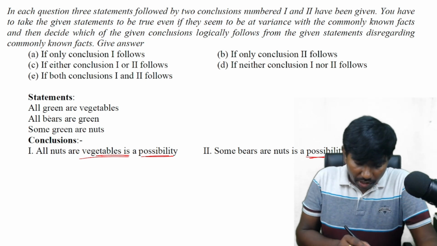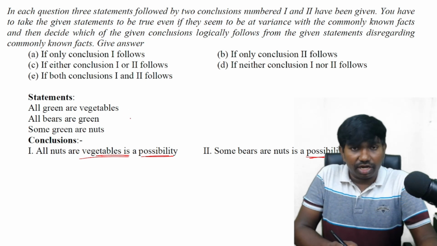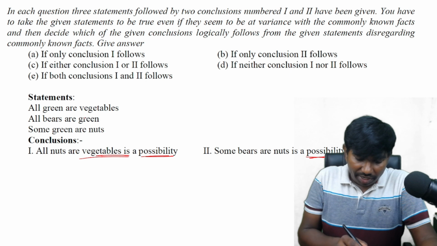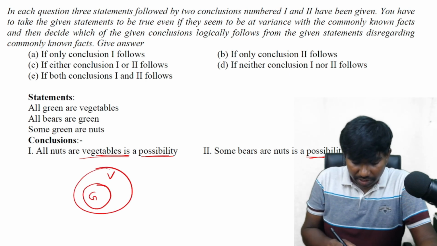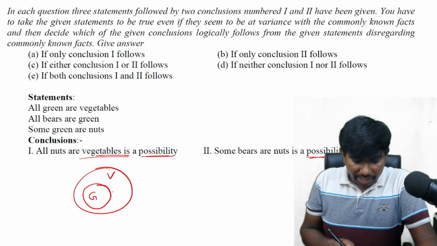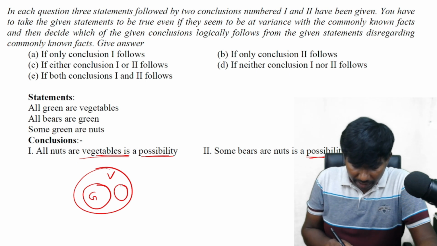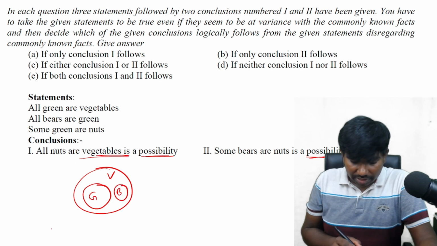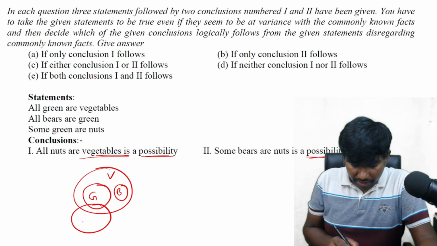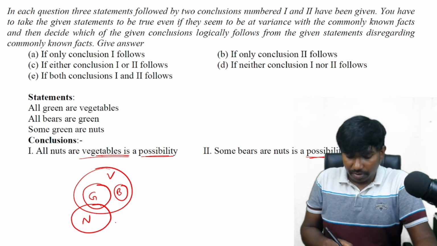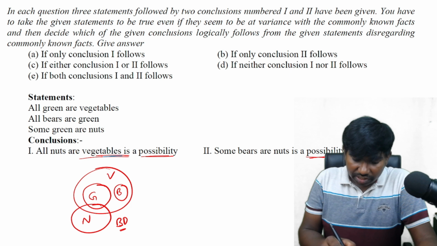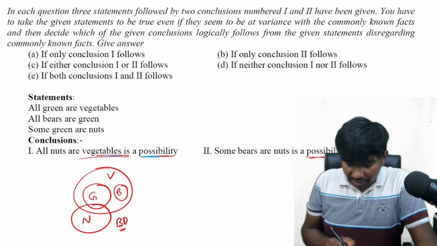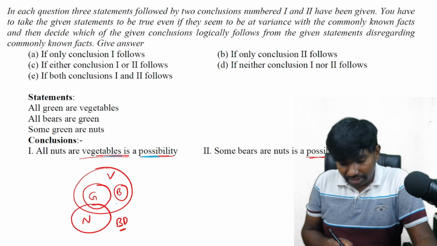See, all green are vegetable. Still we will draw the basic diagram only. All green are vegetable. The complete green circle is inside the vegetable circle. Next, all bears are green. Next, some green are nuts. This is the basic diagram. Now verify the conclusions. All nuts are vegetables is a possibility. Can the complete nuts be placed inside the vegetable circle?